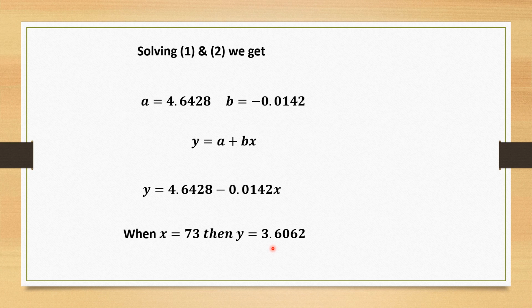Take the summation of each column as summation x, summation y, summation xy and summation x square. Substitute everything in the normal equations. Write the two normal equations by taking the summation of the equation of the straight line, then multiplying by x and again taking the summation, then solve for a and b and substitute in the equation of the straight line.